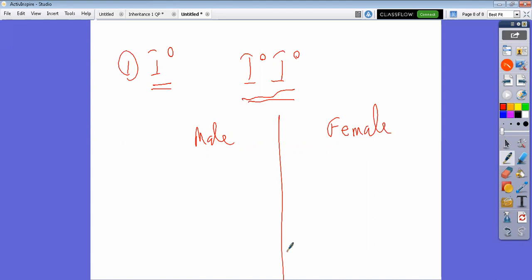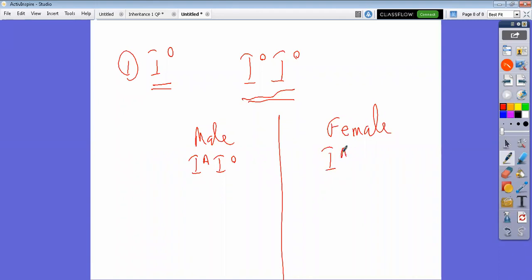So now, what are the possible combinations that will give us an IO? Possible combinations? IA and IO. You said I A and IO. What about here? With IA and IO. IA, the same.